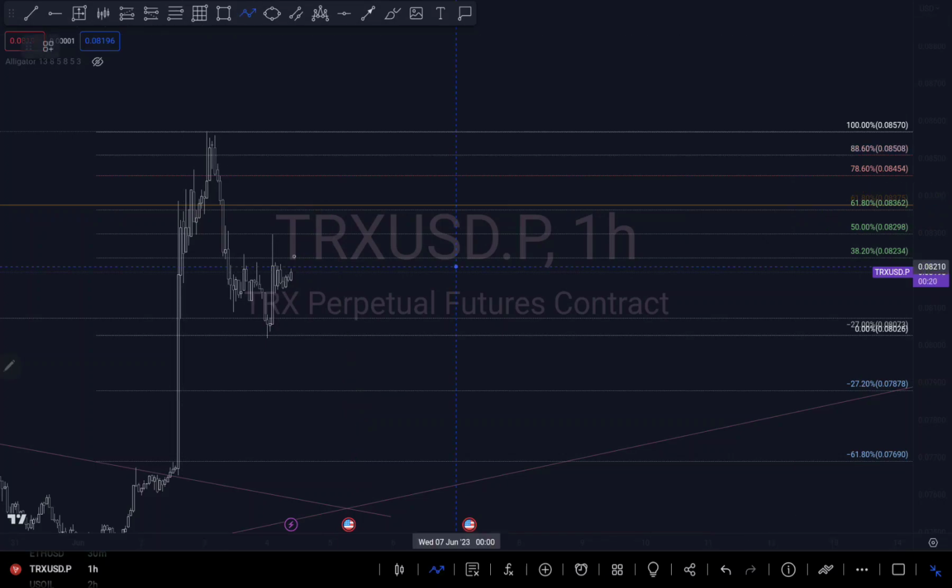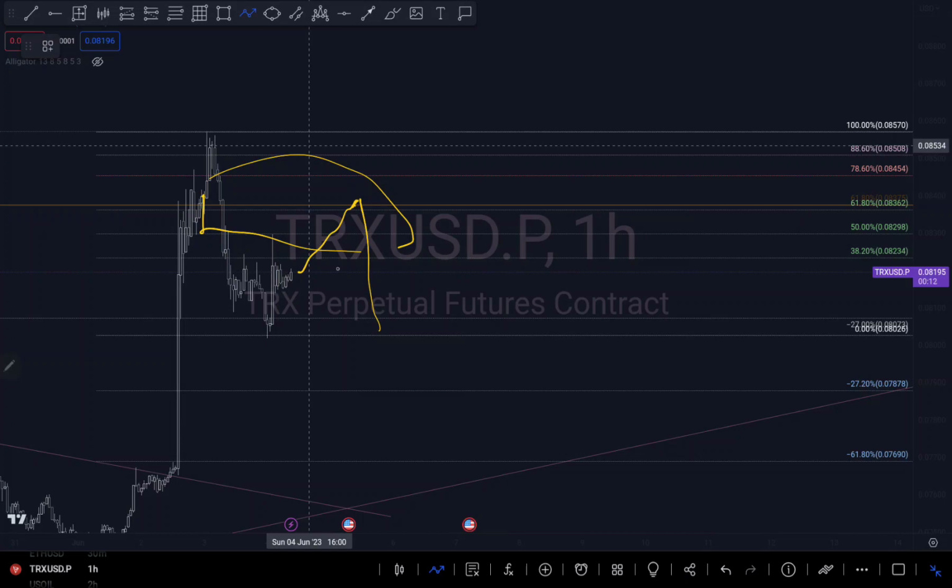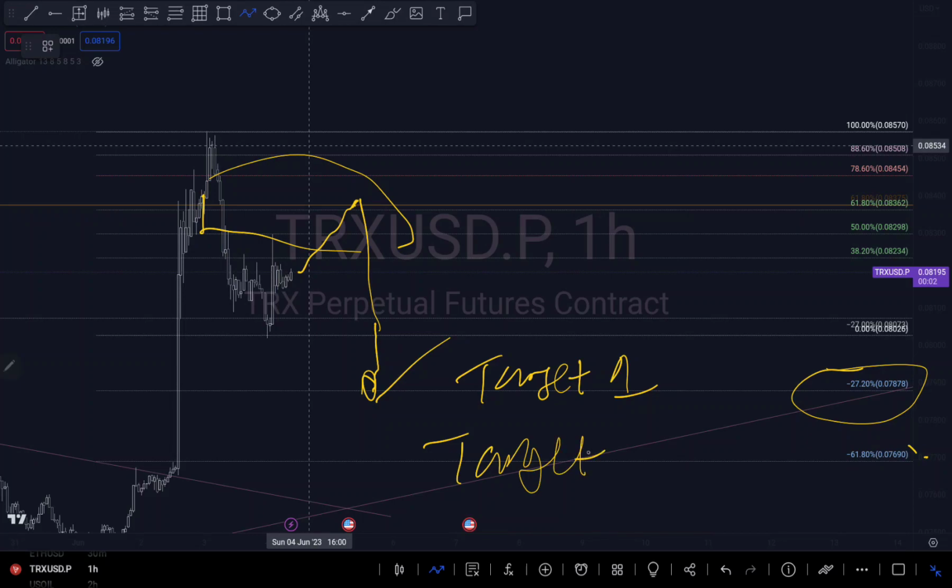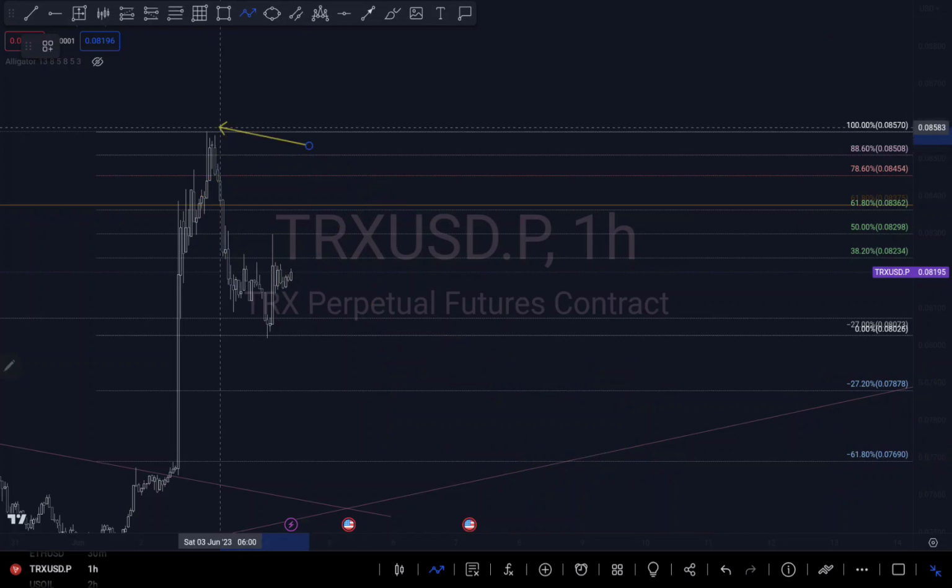So that's what we'll just be looking at before we now see what our current move is. So I wanted to at least come up to this level right here, then continue to push down to my first target, which is my negative 27% fib level, and my second target, which is my 61.8 fib level, before we now continue to push to the upside.